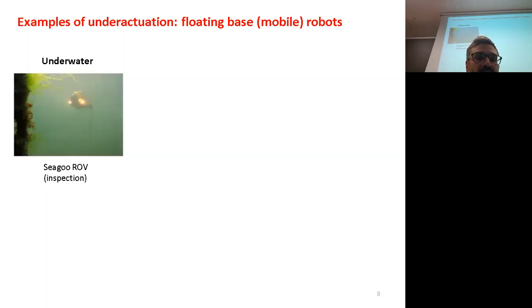Examples of other underactuated robots. Think, for example, of an underwater ROV for inspection. In this case the floating base is just the rover itself, and it will have propellers that are moving it.